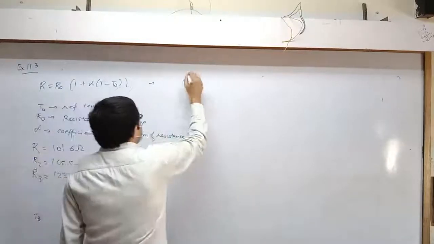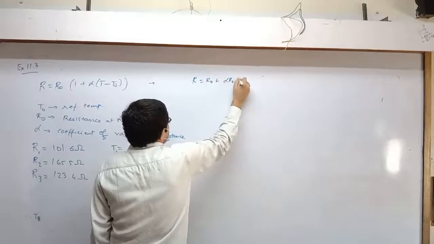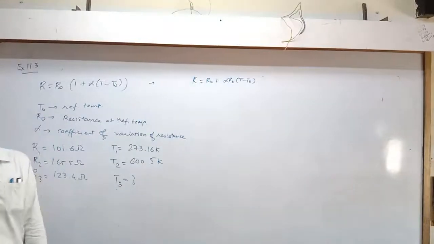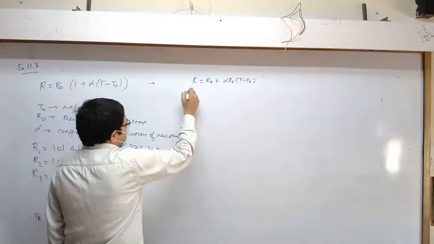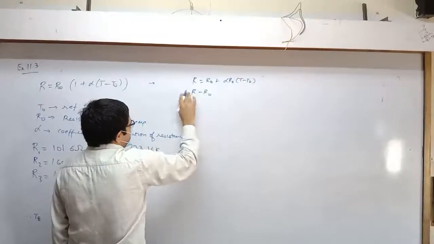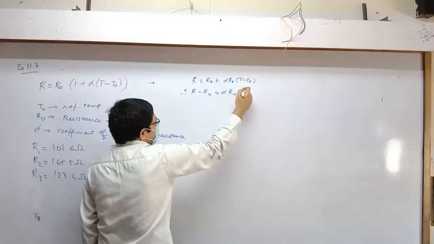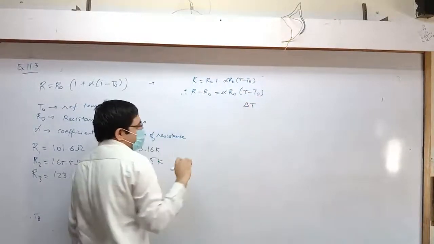Have a look. R equal to R0, I am opening the bracket. I am not doing anything. Clear or not clear? R equal to R0 plus alpha R0 into (T minus T0). Now I am going to put R minus R0 on the left side, so that is R minus R0 equal to alpha R0, and instead of T minus T0 we will put delta T. Delta T for what?